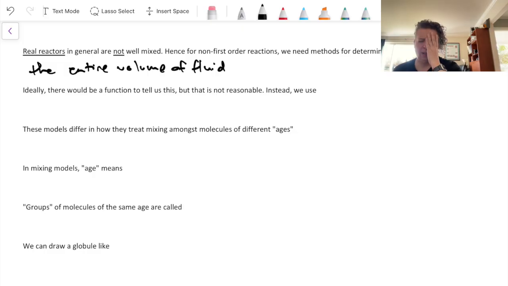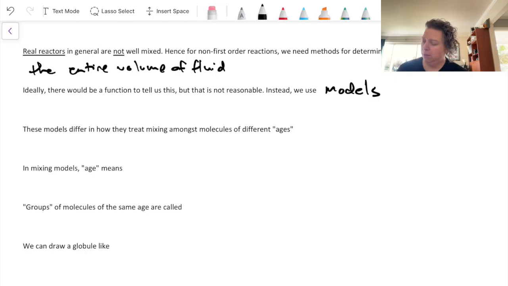In a real reactor, it's not. We've got gradients. Ideally, we would have a function where we would know concentration as a function of spatial position, so concentration as a function of x, y, and z coordinates. But unfortunately, we can't get that. That's asking too much. So instead, we use models to tell us this.